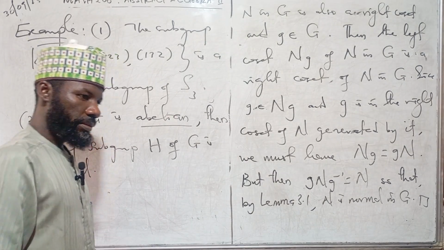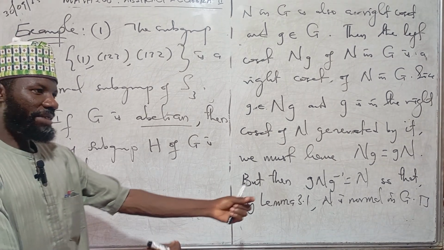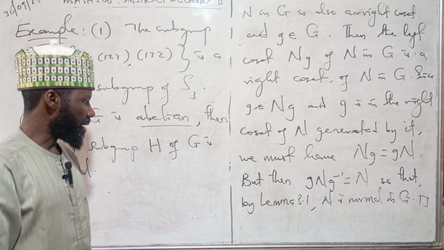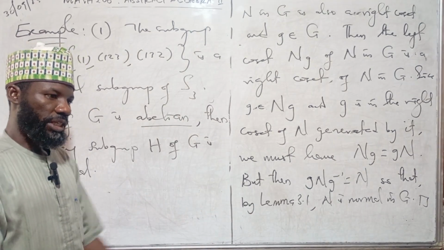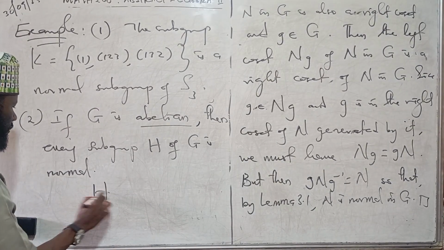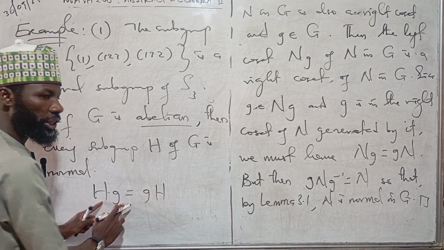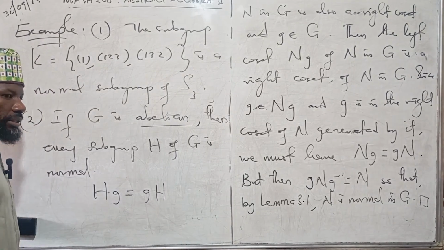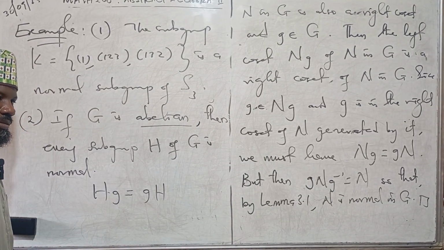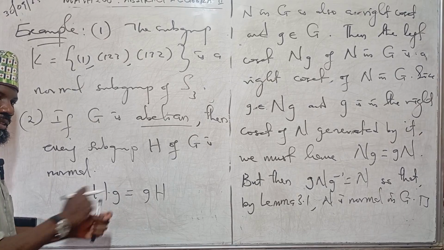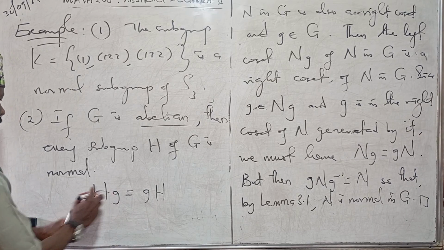Why is this so? If you are talking about an abelian group, the product is commutative. So automatically, for every G, you always have GH equal to HG. You remember what this is?